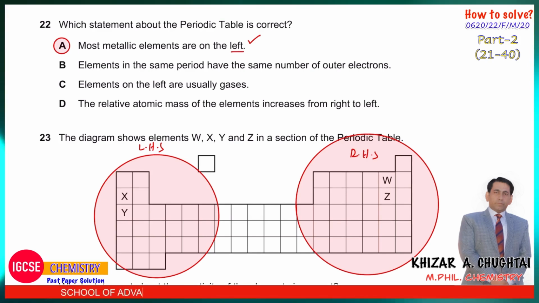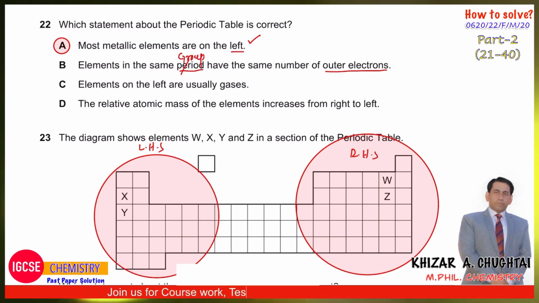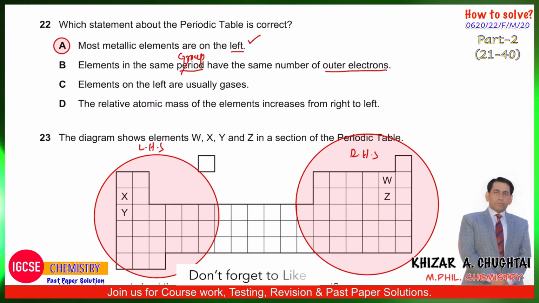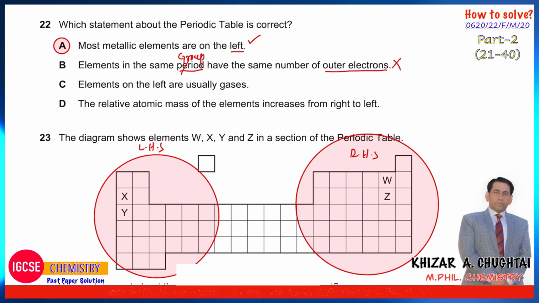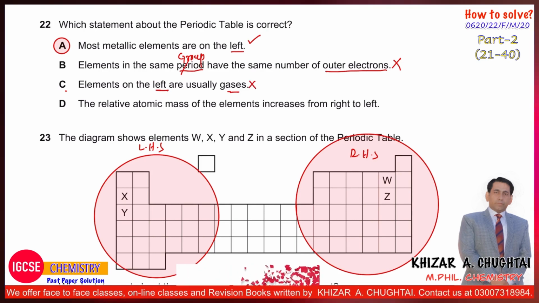However, let me check the other options as well. Elements in the same period have the same number of outer electrons. No. Elements in the same group have the same number of outer electrons. So it's wrong. Elements on the left are usually gases. No, they are metals. Again wrong.